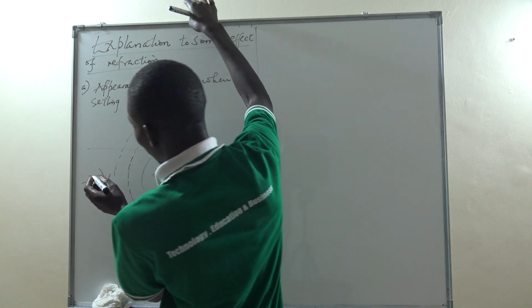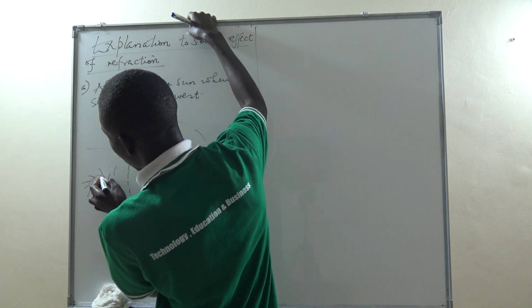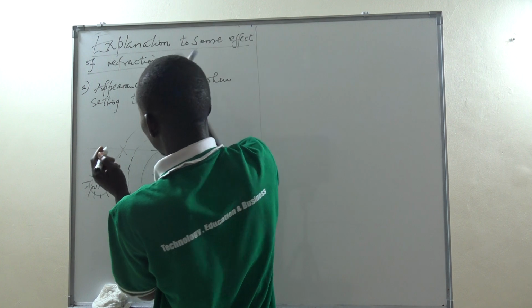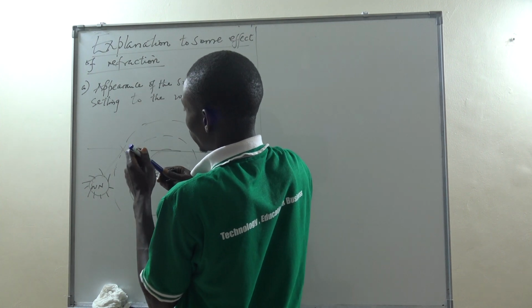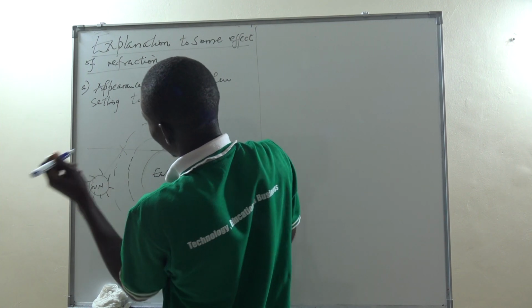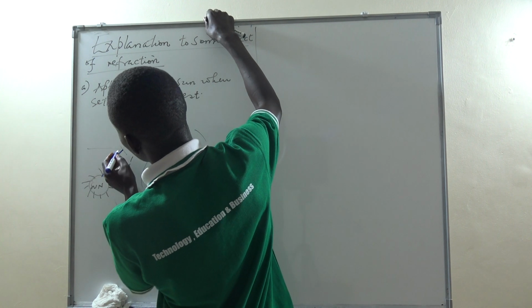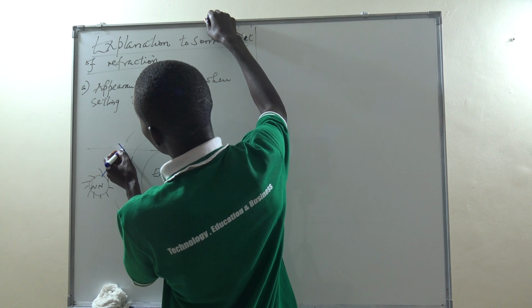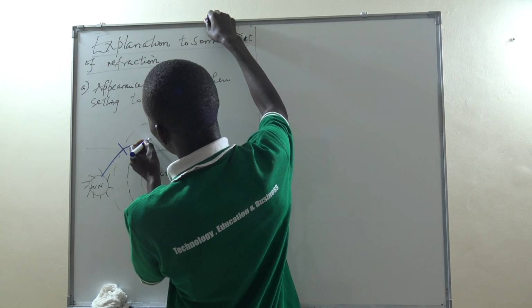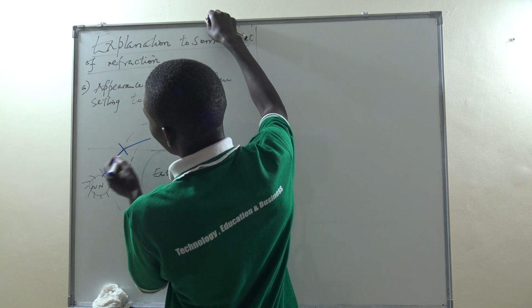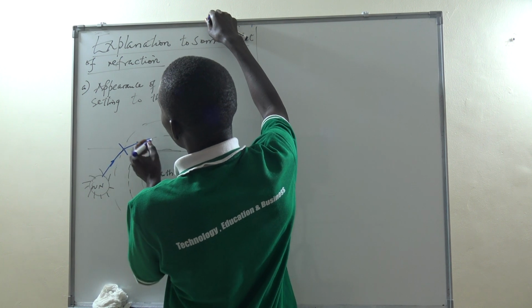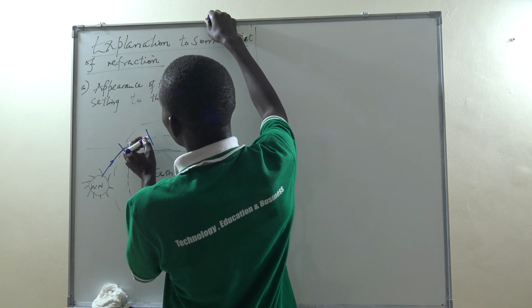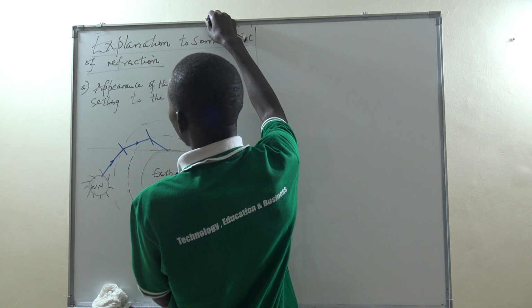Okay? So, if this ray now comes, maybe say is incident to the first layer here, this is my normal, it will be refracted towards the normal. Isn't it? Again, if it meets this layer here, it will also be refracted towards the normal.